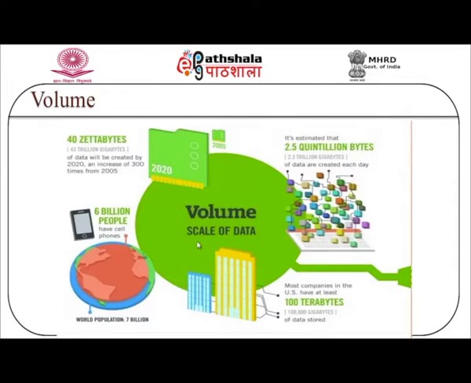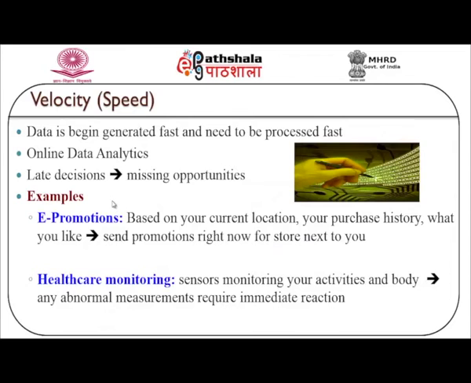It's also estimated that about 2.5 quintillion bytes of data are created each day, and most companies in the US have at least 100 terabytes of data stored. This is the scale-up of data predicted by the year 2020.